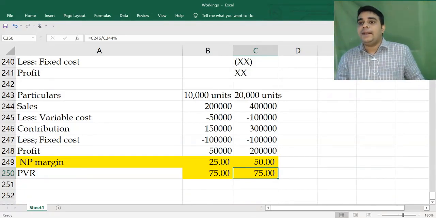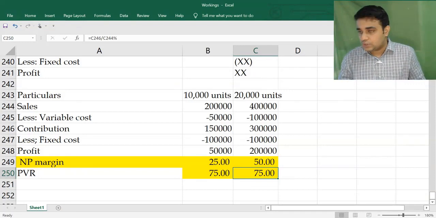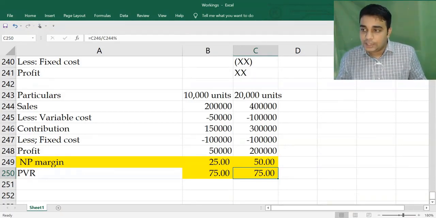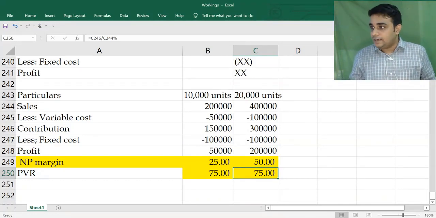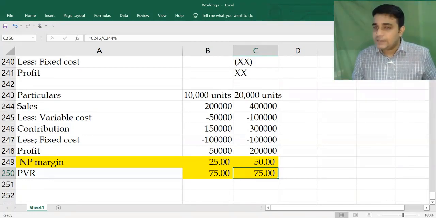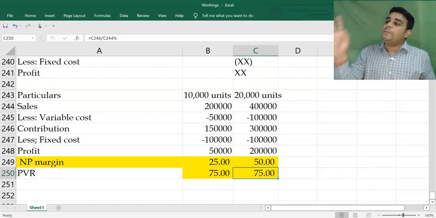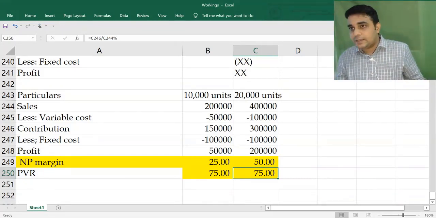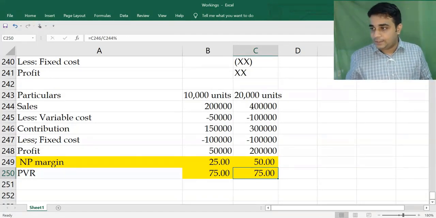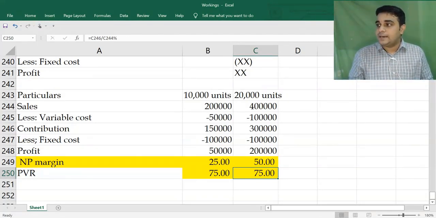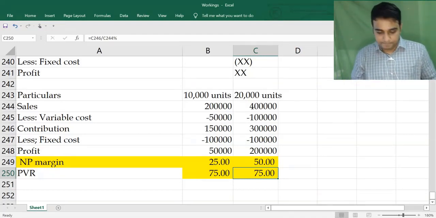Most of the direct expenses which you write in the trading account are variable in nature. Your indirect expenses which you write in the P&L are more like fixed in nature. There can be exceptions here and there, but broadly PVR would mimic the GP margin, and what organizations try to track is the GP margin, understanding how the GP margin is moving for the company, or your PVR.